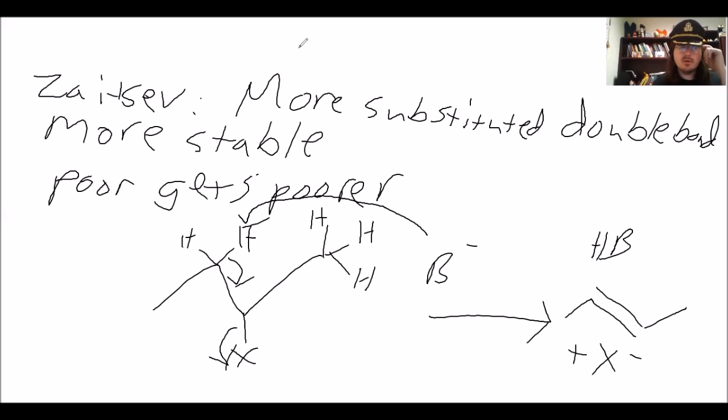But at least with E2, you're always going to form whatever conformation comes from anti-coplanar. So if there's only one CH here, I only have one option to attack.